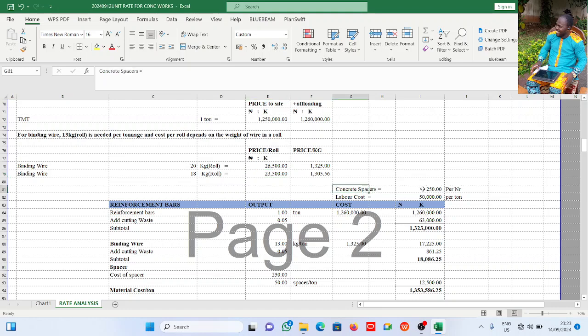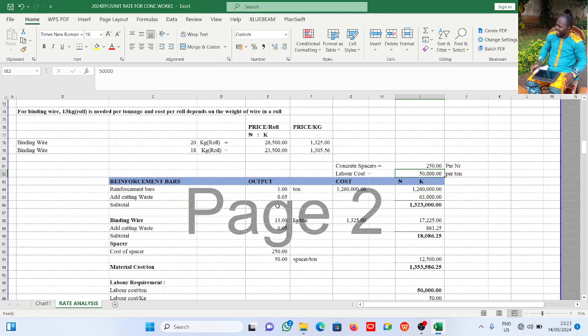I'll be needing concrete spacers also. Concrete spacers are what we call biscuits, basically what we use to create cover in concrete. A spacer is 250 each, and labor cost per ton for reinforcement is 50,000 naira. This is the Lagos price, please take note.